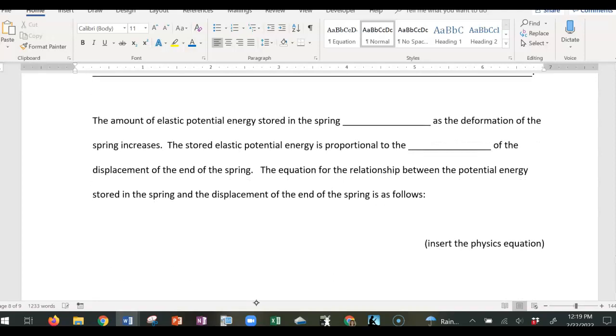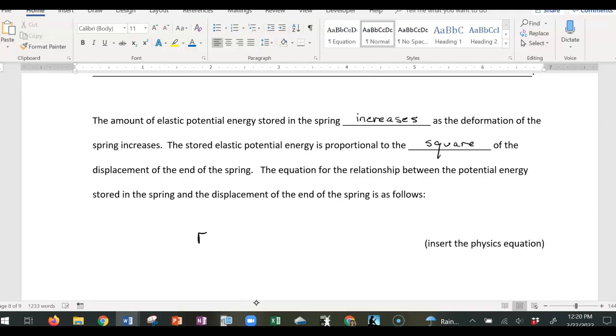The amount of elastic potential energy stored in the spring increases as the deformation of the spring increases. The stored elastic potential energy is proportional not to the displacement of the spring, right? That EL versus displacement was curved, but is proportional to the square of the displacement of the end of the spring.